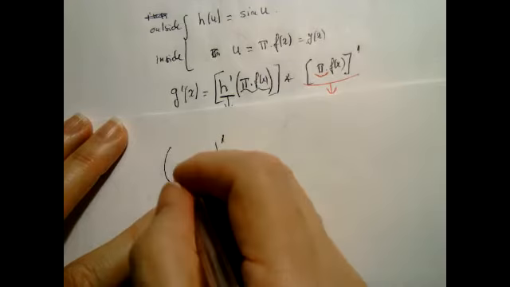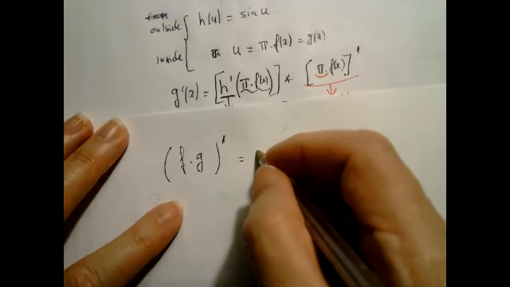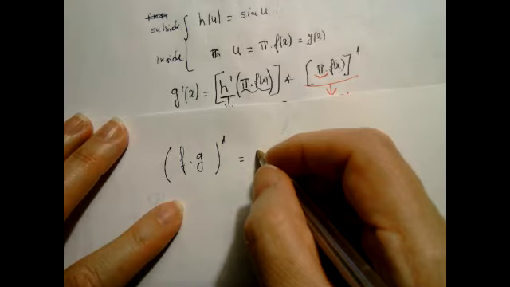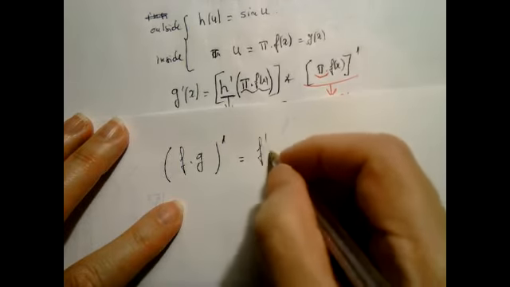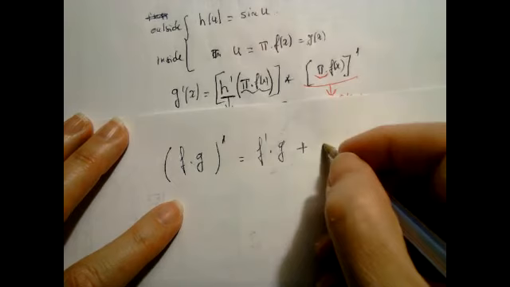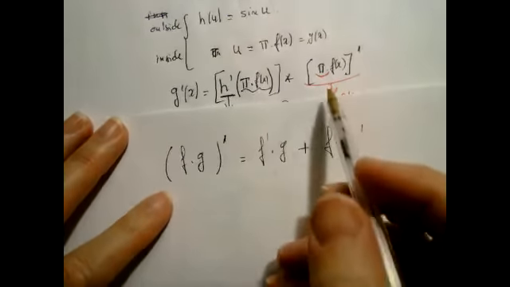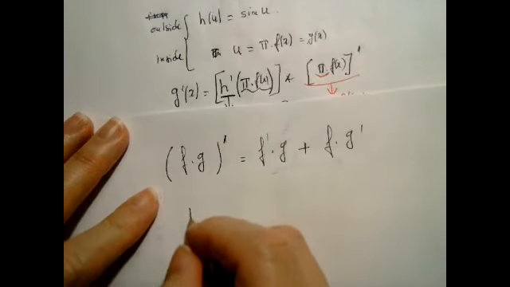The derivative of f times g is the derivative of f times g plus g prime times f. Absolutely correct. Now I'm going to apply this to pi times f of x, okay?